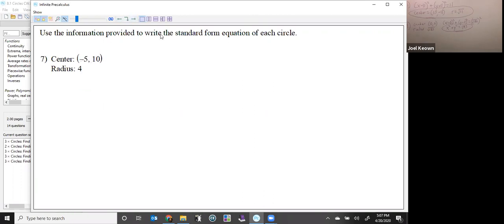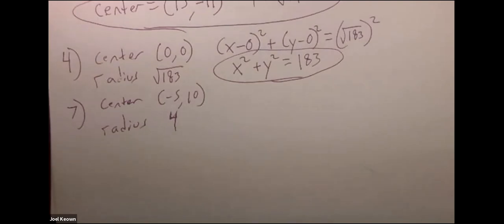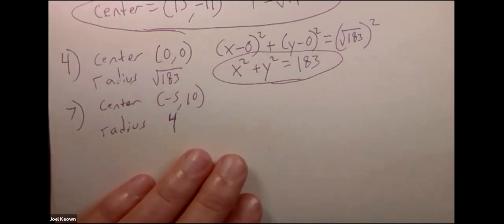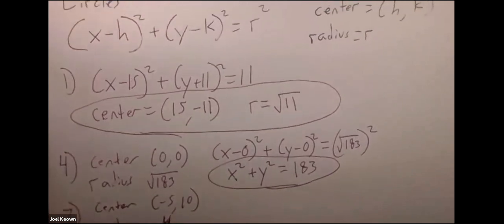Let's look at, I'm going to try number 7. Center, negative 5, 10. Radius, 4. So again, plug into my formula.